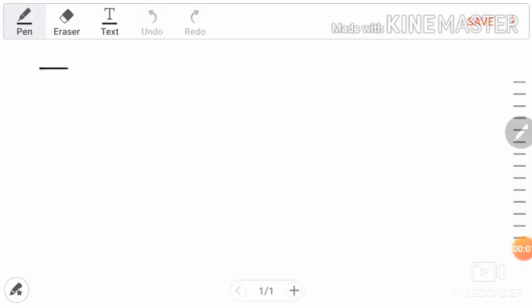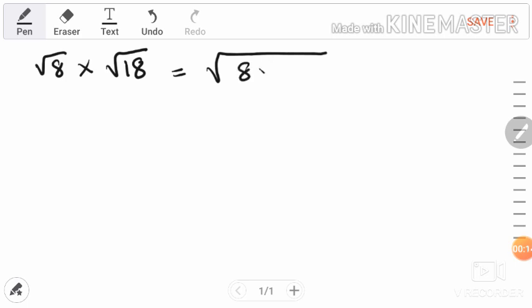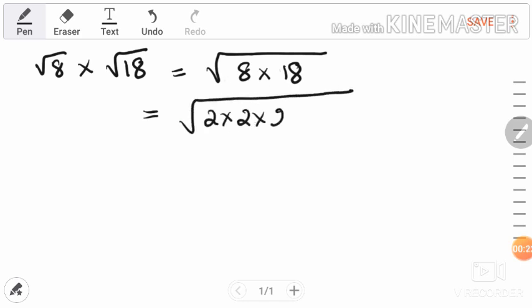Now using these properties, let us find the product of two irrational numbers, root 8 into root 18. We can write this as root 8 into 18, which is equal to, now find the factors here, 2 into 2 into 2. 18 is 2 into 3 into 3.